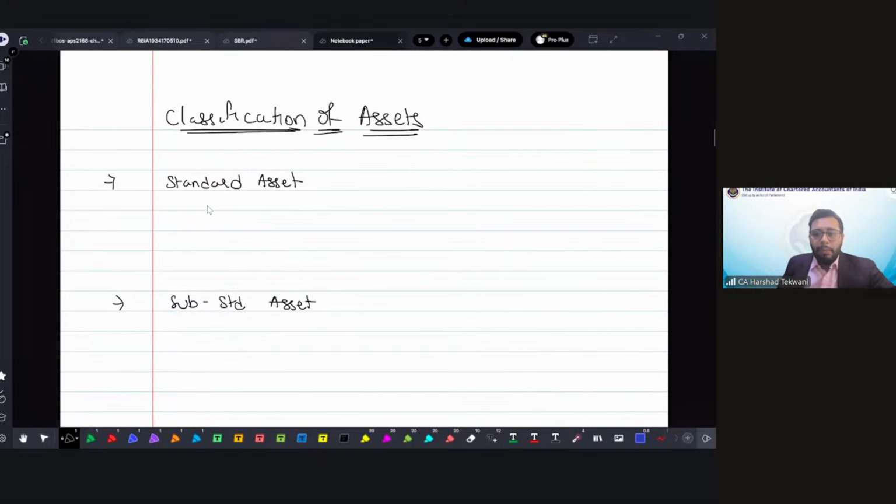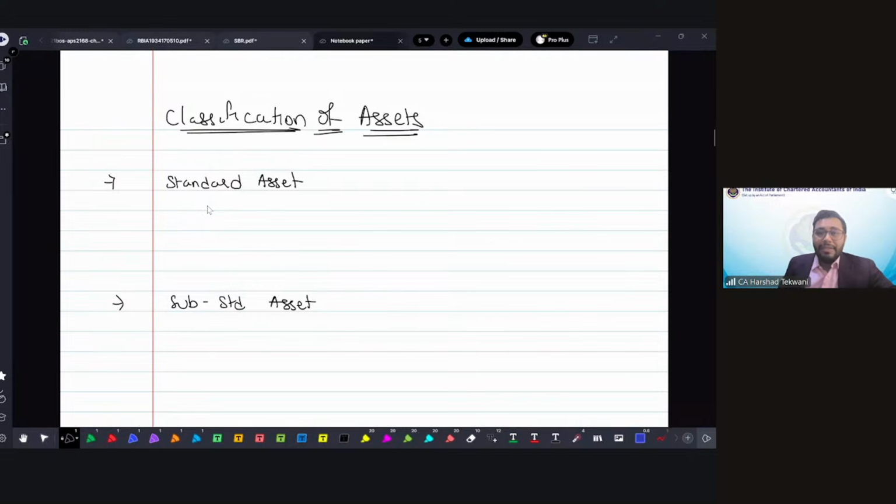Now, what is the difference between standard, substandard, doubtful, and loss? For loss, 100% provision is to be done. That is for sure, that is provision. But classification is first and very, very important.